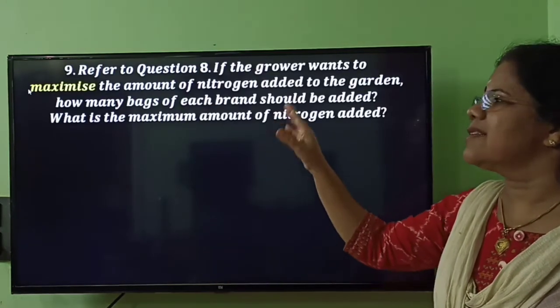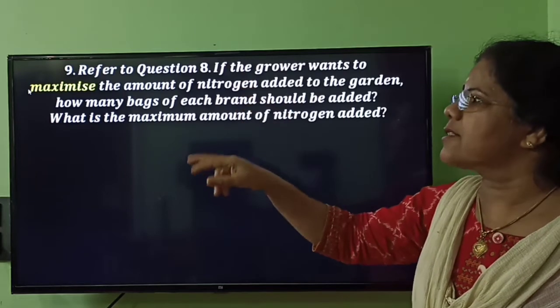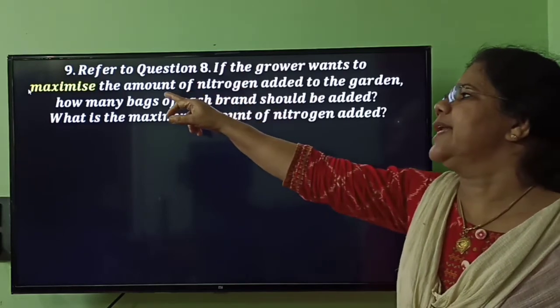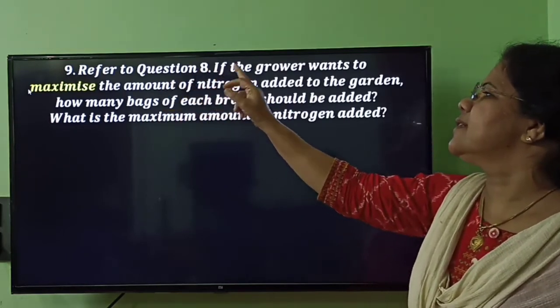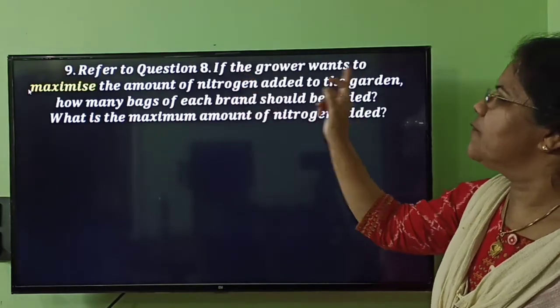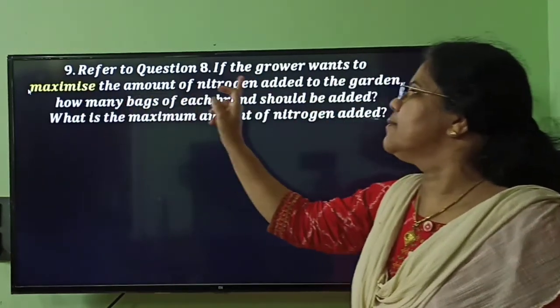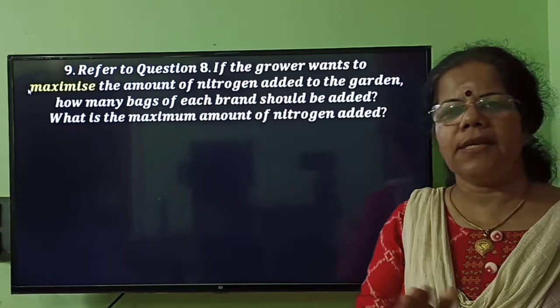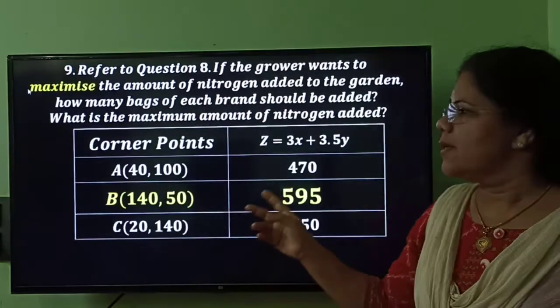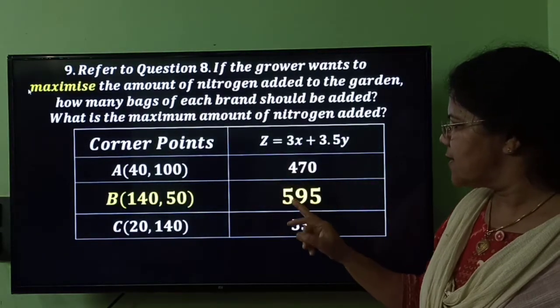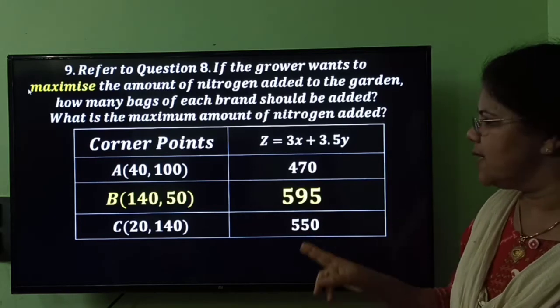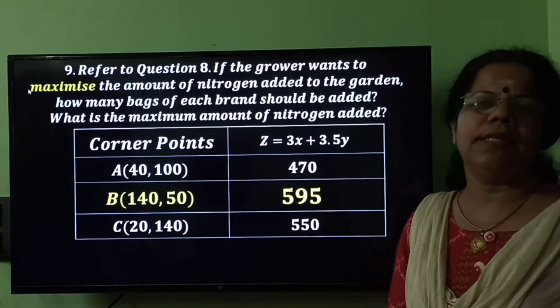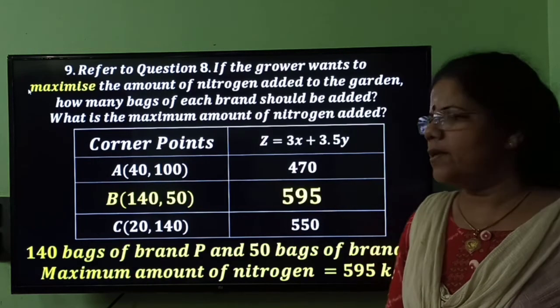Now here it's not a separate question. In the textbook, in the miscellaneous exercise, it is 9. So refer to question 8. If the grower wants to maximize the amount of nitrogen, it is easy from the previous one itself. Once again, it is 470, 595 and 550. Among these, 595 is the maximum value.